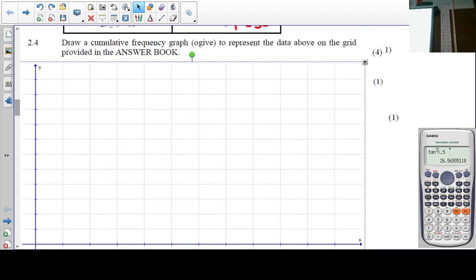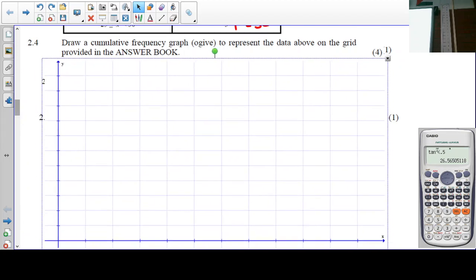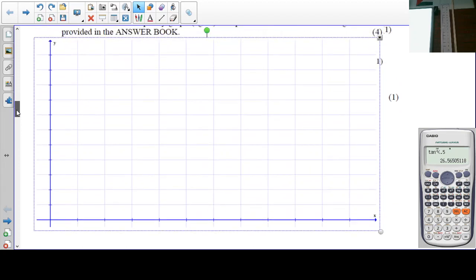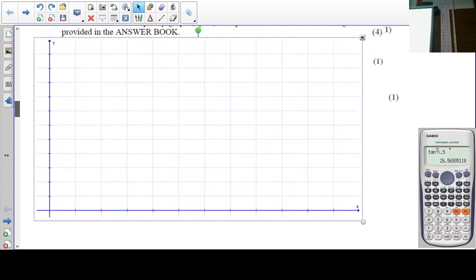So the question says draw a cumulative frequency graph, the ogive, to represent the data above on the grid provided in the answer book. Okay, what I did was I drew my own grid here. Let's make it a bit smaller.